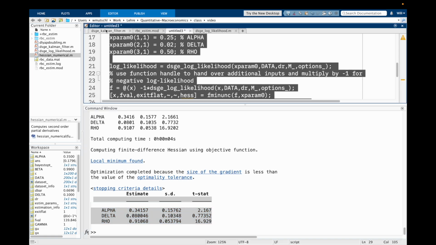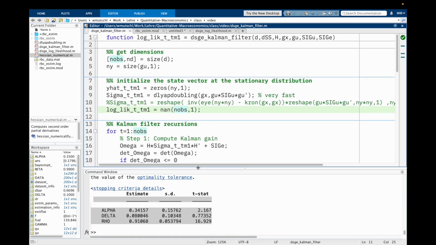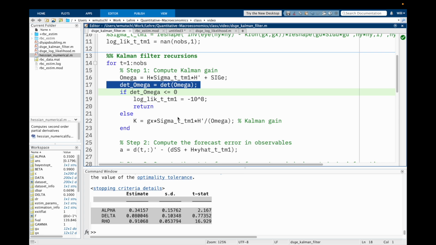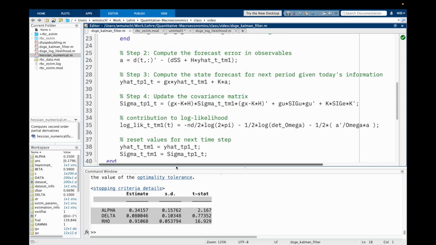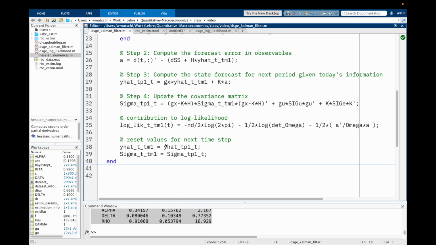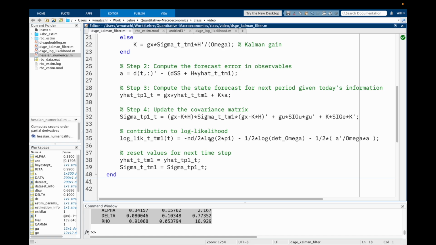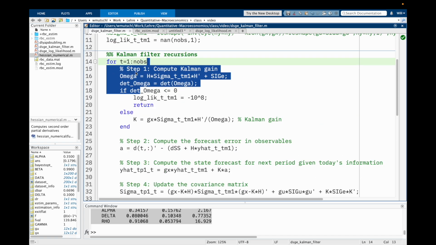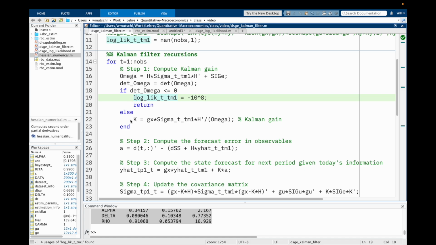Dynare has a much more sophisticated way to compute the likelihood via the Kalman filter. It uses several tricks to deal with problems like computing inverses and determinants. And also, Dynare is much faster in its Kalman filtering routines because at some point, this Kalman gain, or this omega, does not change really.